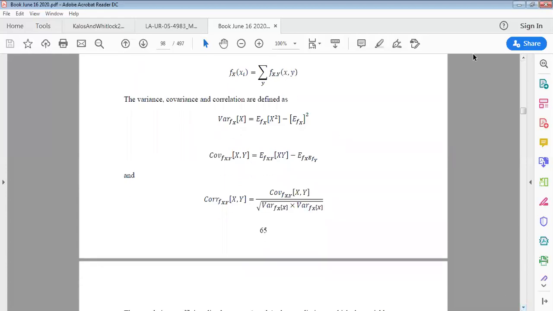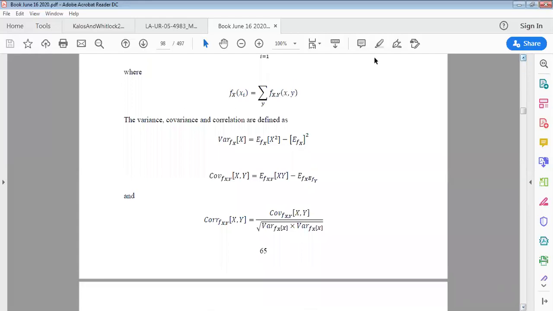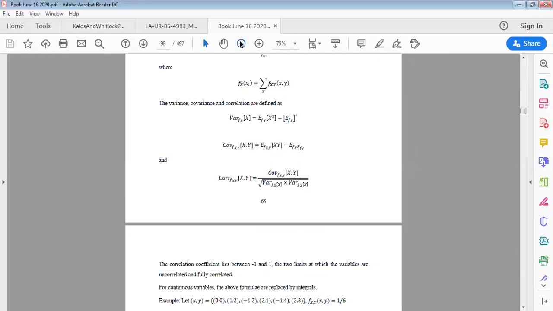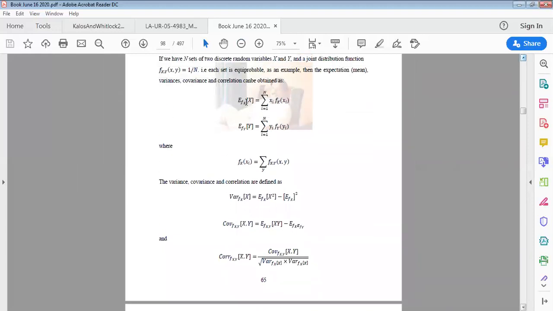So let's look at this page again. If you look at this page again, you have the expectation value of both variables, the definition of the single PDF given a joint PDF, given capital N sets of pairs, the variance, the covariance, and the correlation.